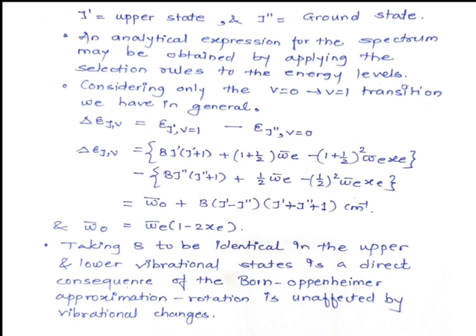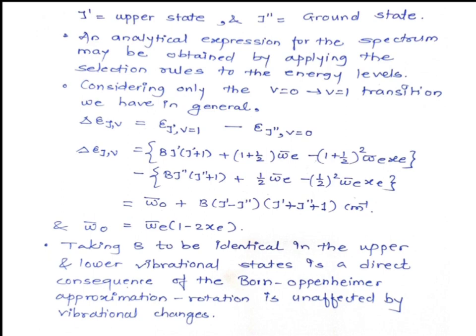So you can solve this and you will get this equation. So we got the change in energy of the excited state and the ground state that was given in our book: omega bar 0 plus B in bracket J prime minus J double prime in another bracket J prime plus J double prime plus 1 per centimeter.